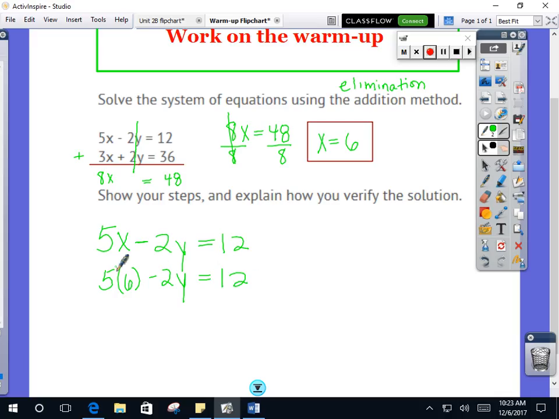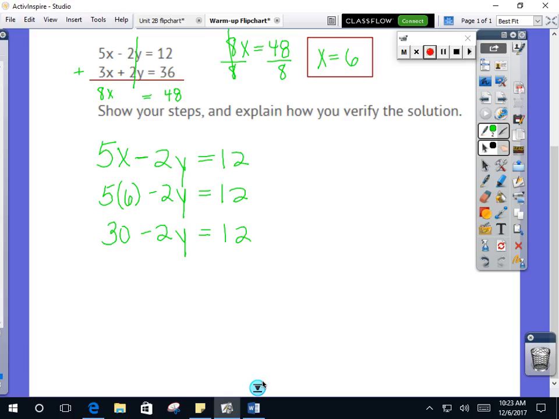Okay, this will now become what? 30 minus 2y equals 12. And now to solve for y, what do we do? And so negative 2y equals negative 18. And now to solve for y, what do we do?